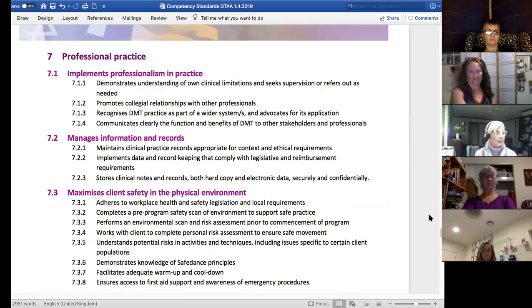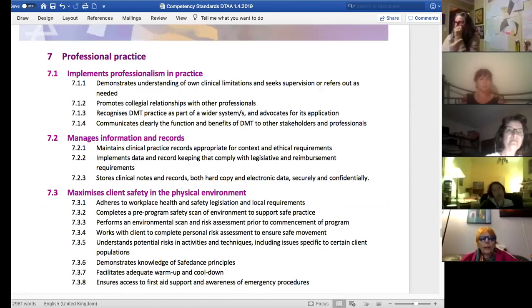It's also about collegial relationships. It's about advocacy and the ability to communicate clearly about dance therapy to stakeholders and other professions. This is really, really important for promoting our whole profession and professionalism.